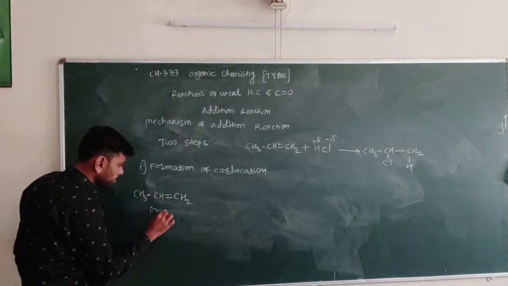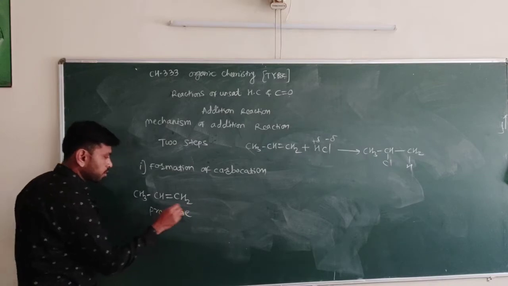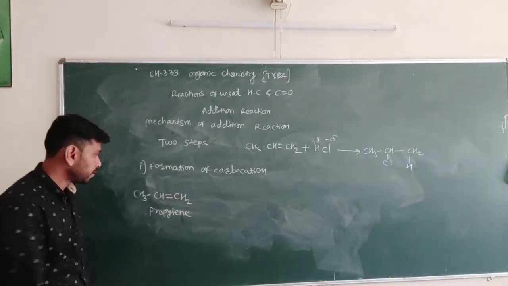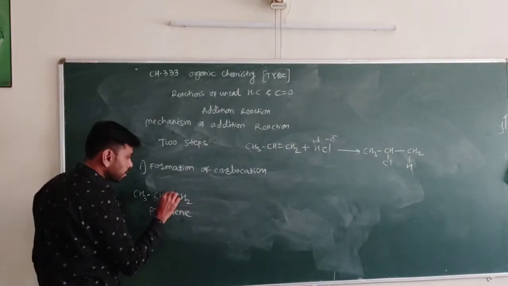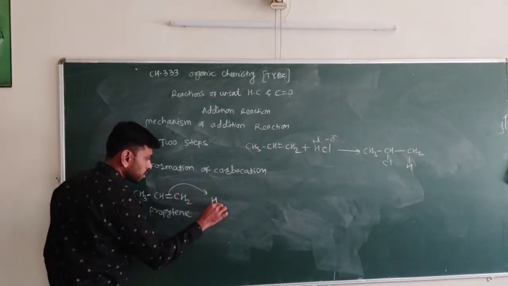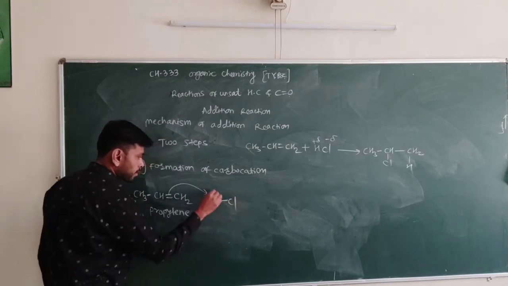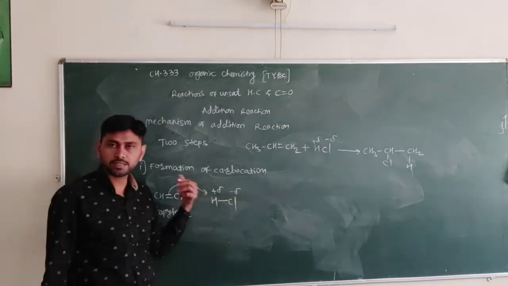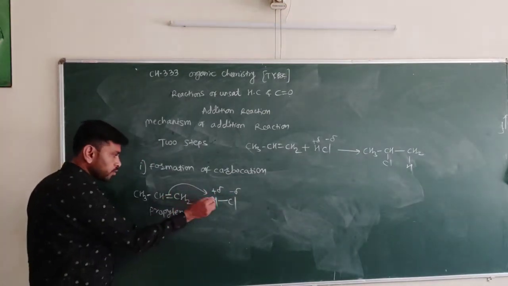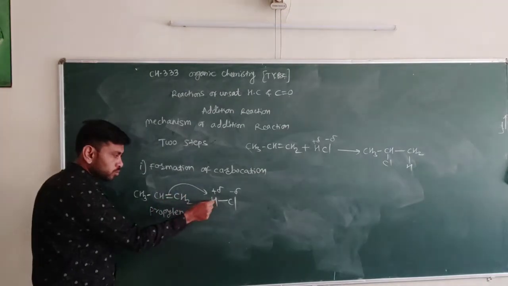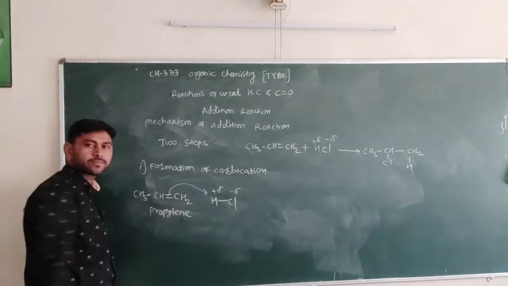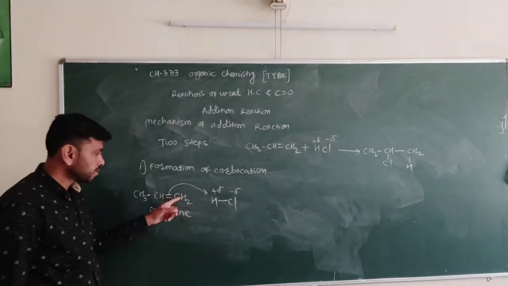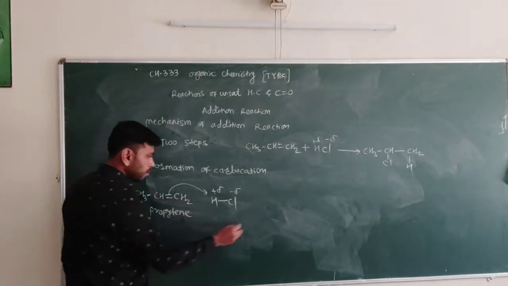This propylene contains a carbon-carbon double bond. The double bond is the source of electrons because these pi electrons are loosely held, and these loosely held electrons transfer to this reagent which contains a partial positive part and a partial negative part. It donates this pair of electrons to the hydrogen ion.